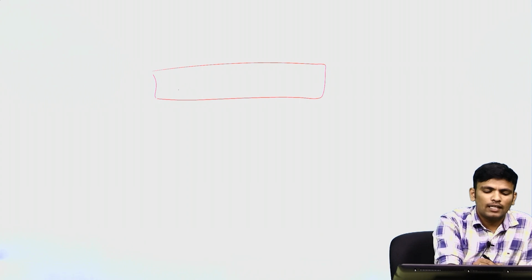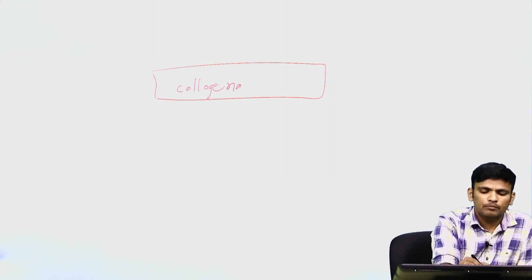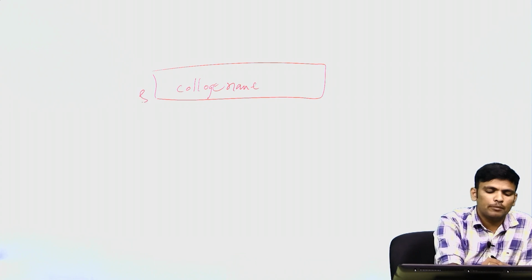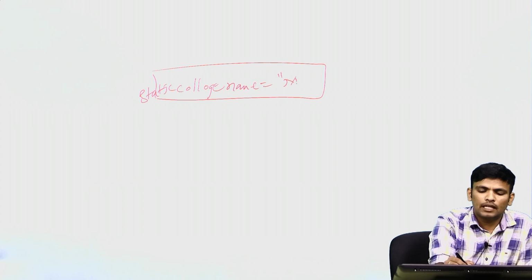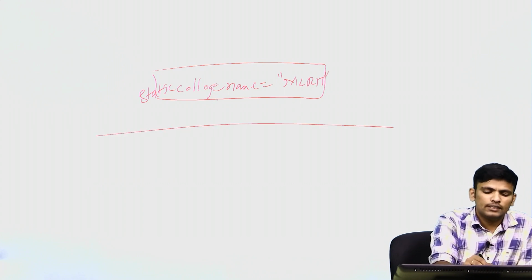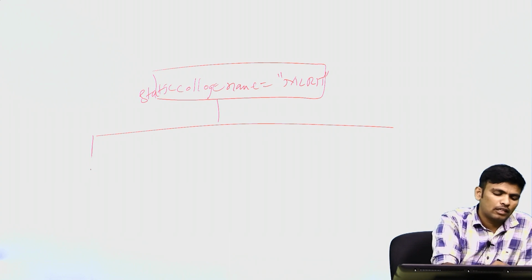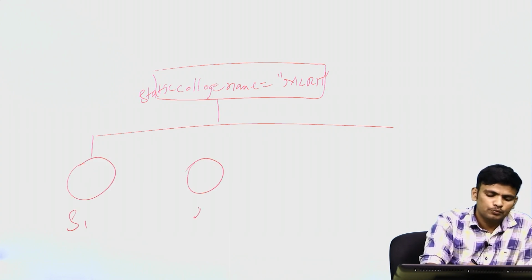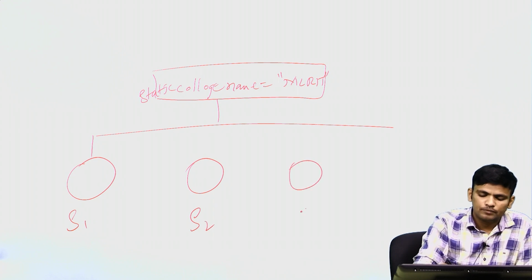Here the class name is College, and the college name I will declare as static. Let's take the college name as MLR. Now this class has some objects: S1, S2, S3 and so on.